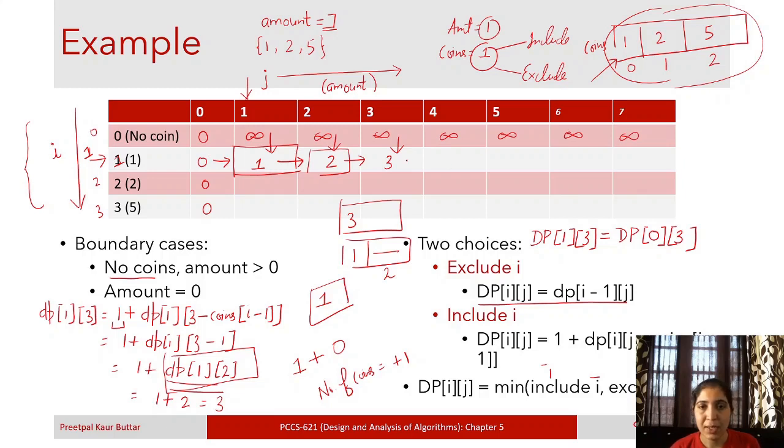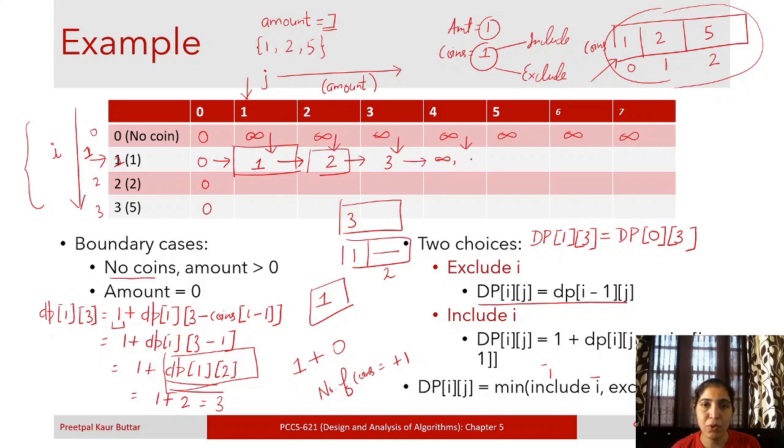Similarly, the same thing will happen for this sub problem. If you exclude the 1 rupee coin, then you will need an infinite number of coins. If you include it, then you will need 1 coin plus the number of coins you needed for making amount equal to 3, which will come from here.